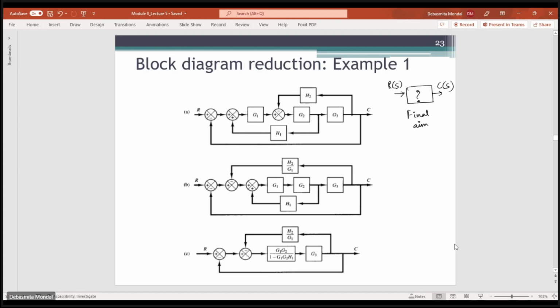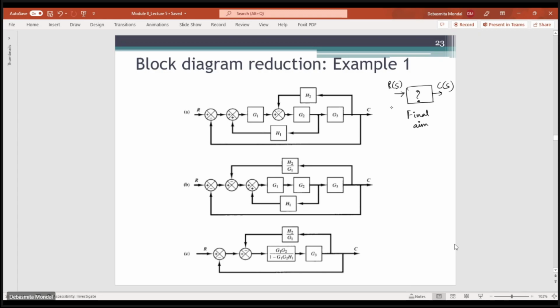Here they are moving this summing point. You move this summing point before this block G1. Or rather, you move it before G1 over here, and then you can just interchange the two summing points.